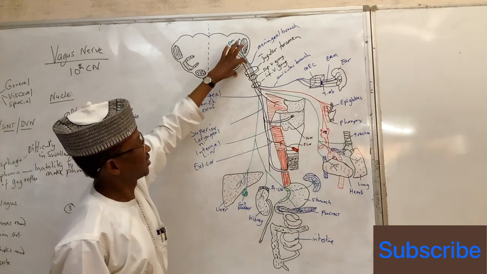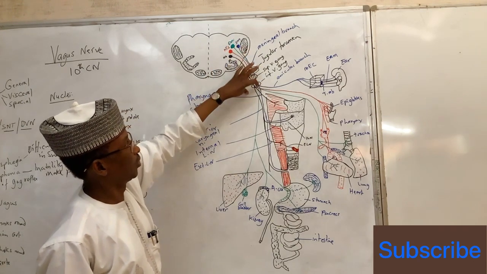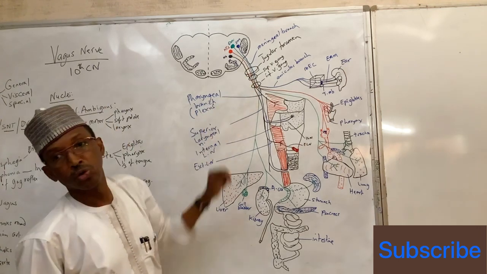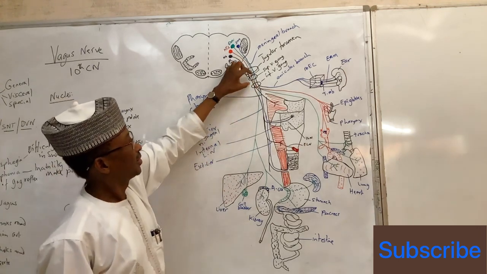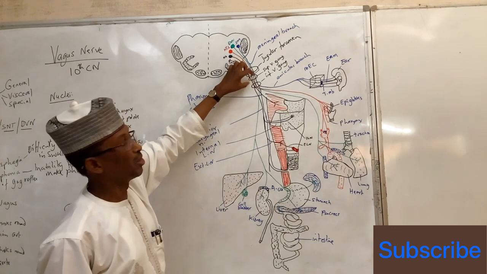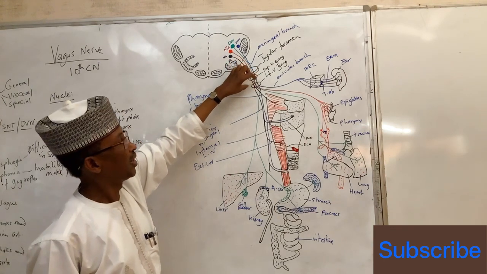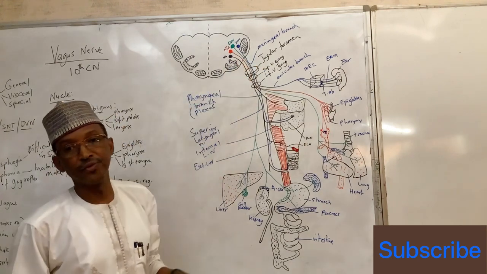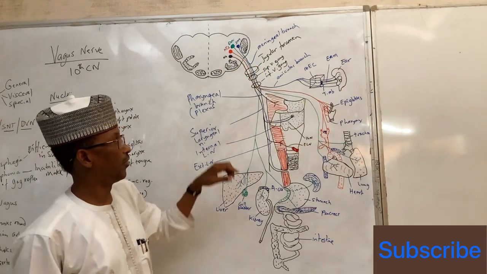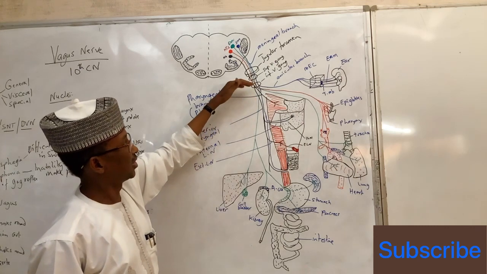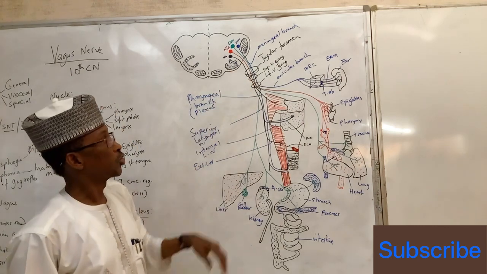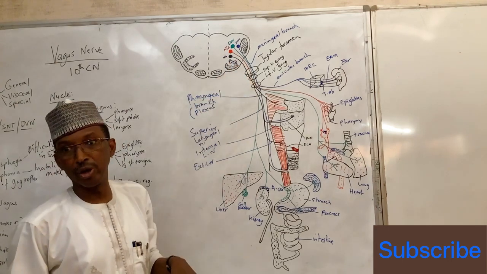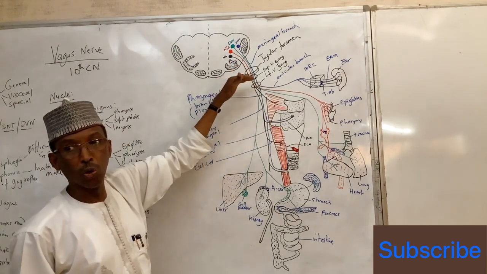So the vagus nerve, as it comes out from the jugular foramen, has 2 ganglia. One is lying either inside or immediately outside the jugular foramen. That is the superior vagal ganglion, and the other one is the inferior vagal ganglion that is just lying inferior to the jugular foramen. Occasionally this ganglion may lie within the jugular foramen or immediately below it.